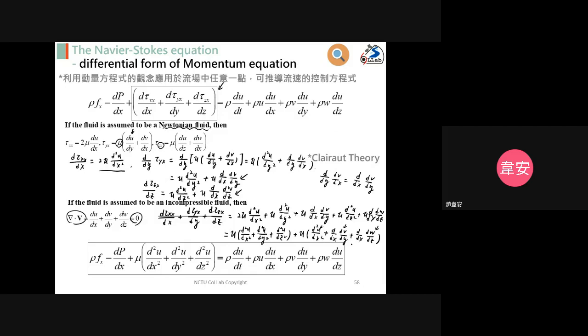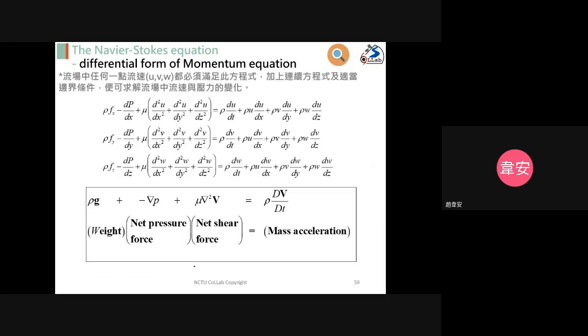So this item totally will equal 0. So for the shear stress part here, we can rewrite the equation in terms of second derivative operators. This is what we call the Laplace operator here.